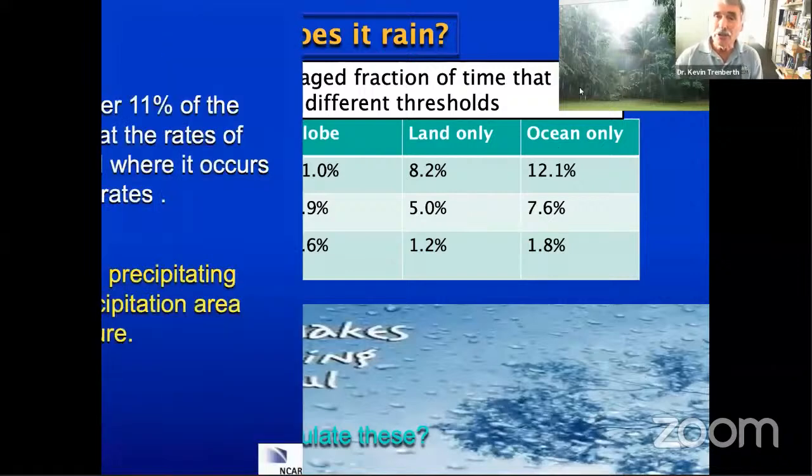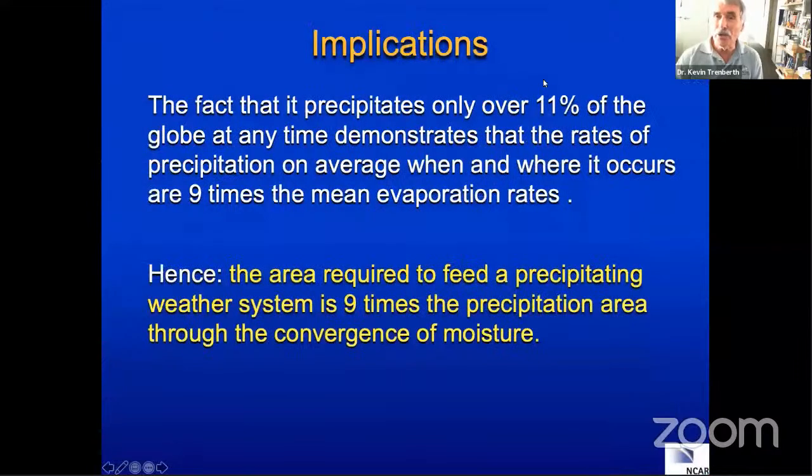So one of the implications is that since it only precipitates over 11% of the globe at any time, it demonstrates that the average rate when it rains is 9 times the mean evaporation rate. You know, 9 times 11 is about 100. Or if you go to the 8%, then 16, something like that.